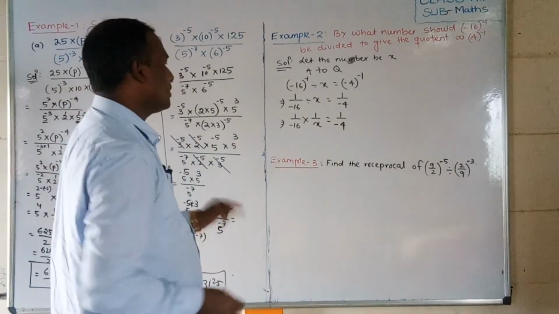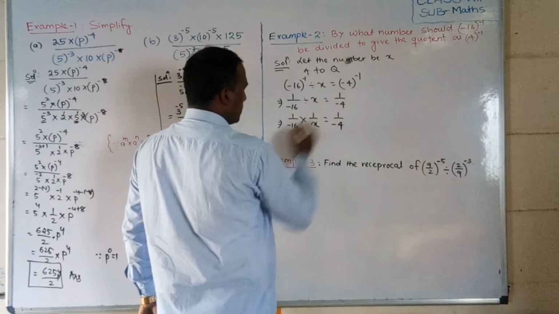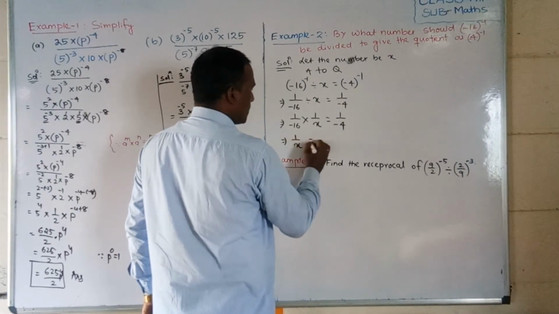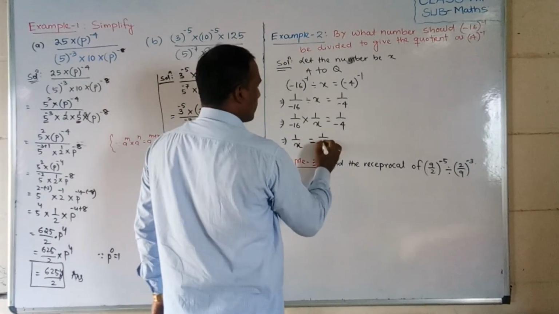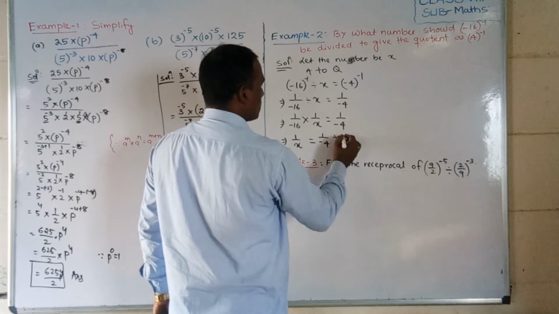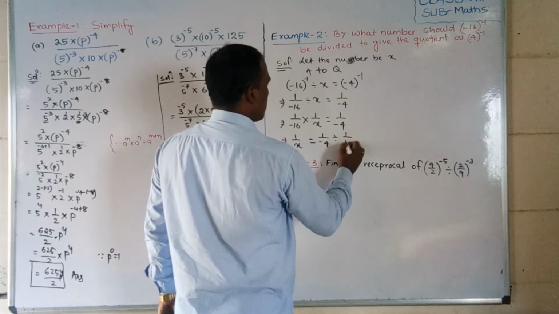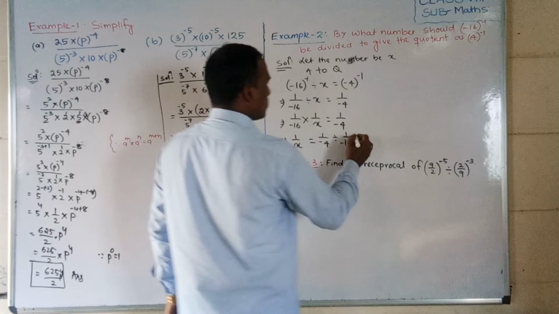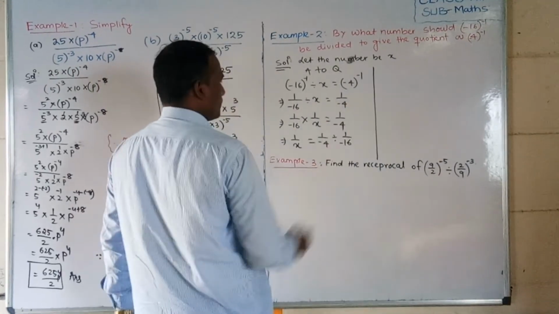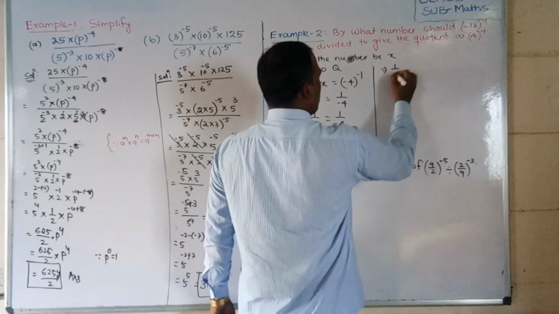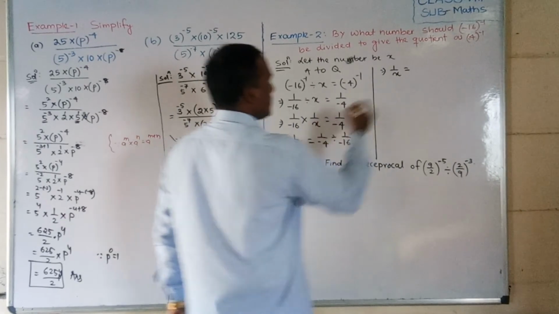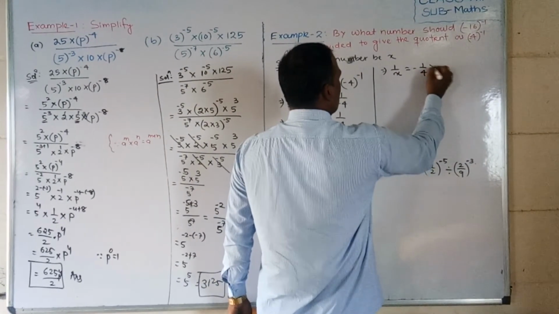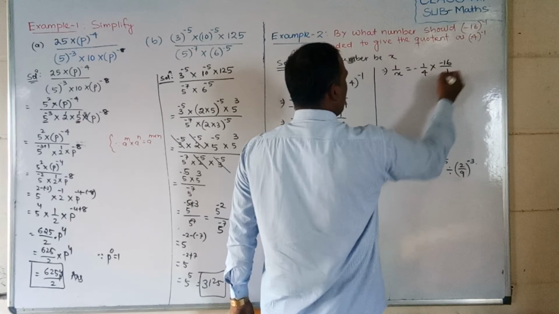Now students, what do you have to do? It implies 1 by x is equal to, this goes to that side, 1 by minus 4 divided by 1 by minus 16. So 1 by x is equal to minus 1 by 4 into minus 16 by 1.